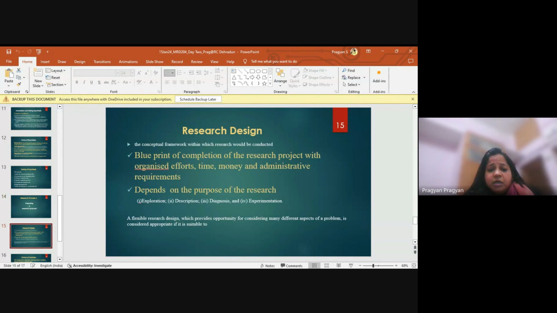First of all, the second thing that we are supposed to be very clear about in our study is basically the research design. Hypothesis is formulated, variables are defined, and now we have to understand what kind of research design we are going to follow for conducting our particular research.